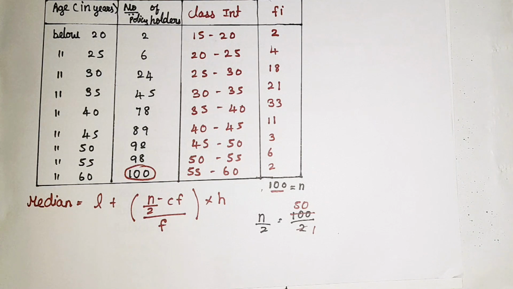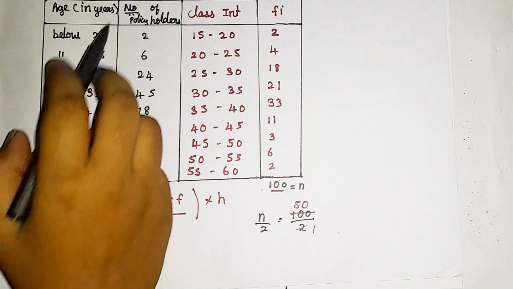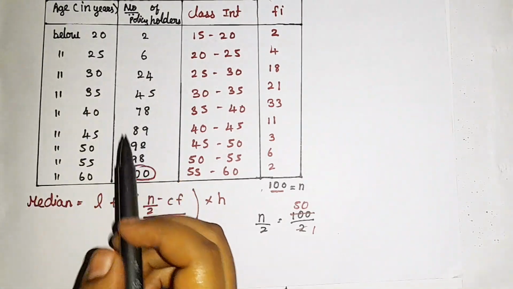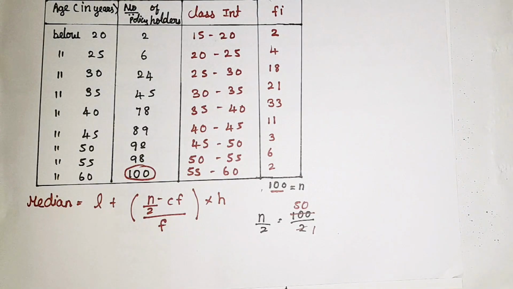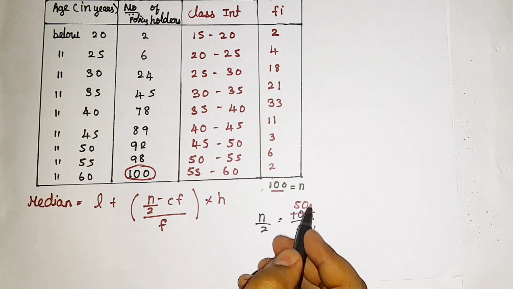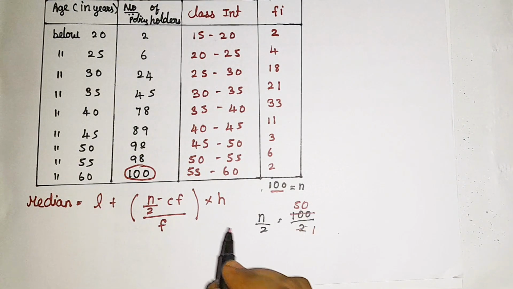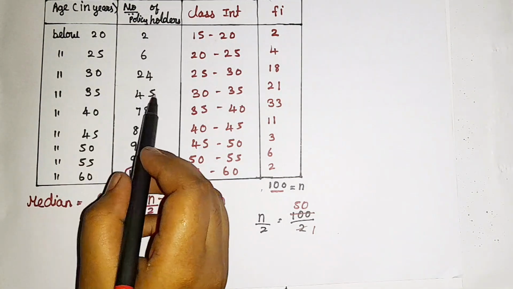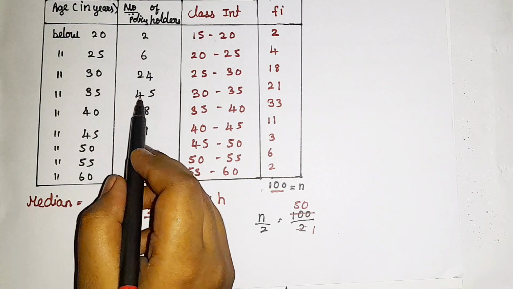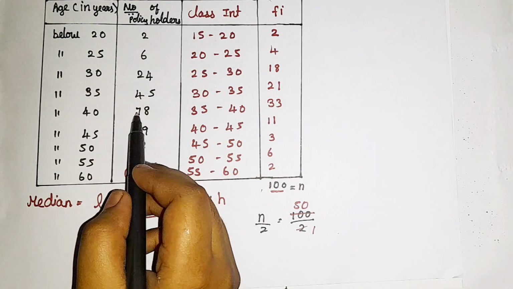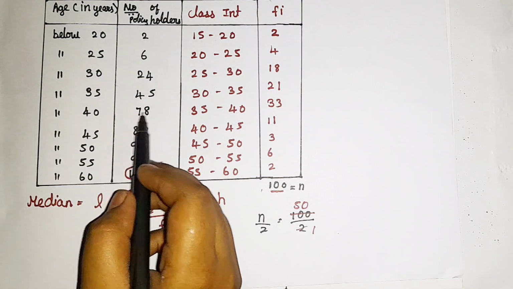Now we are supposed to find the closest value in the cumulative frequency. This is the table for cumulative frequency. In this table, we are supposed to find the closest value for 50. The closest value for 50 is either 45 or 78, but of these both values, the greatest number is 78.